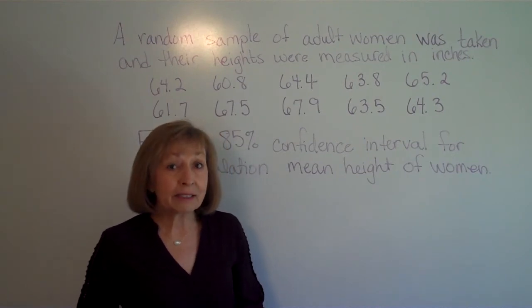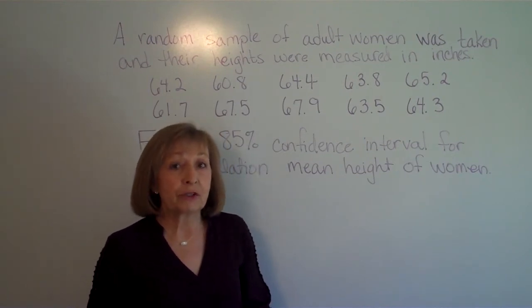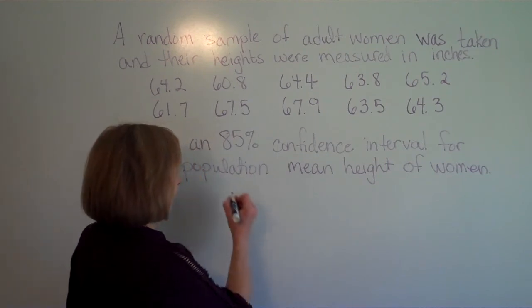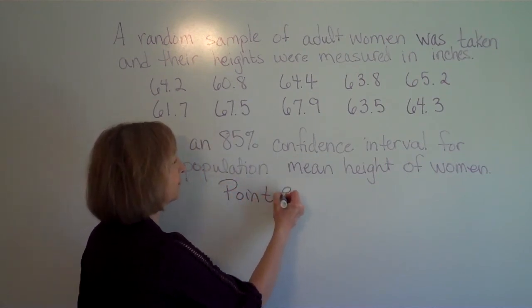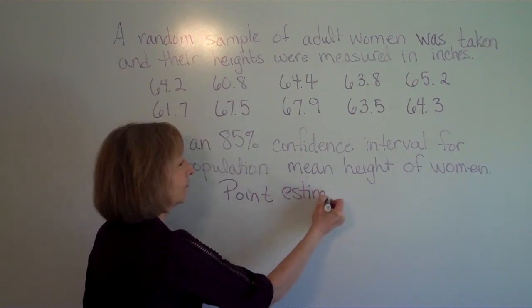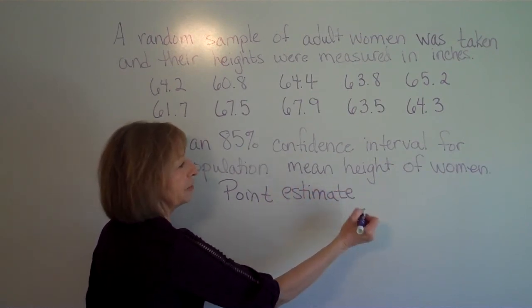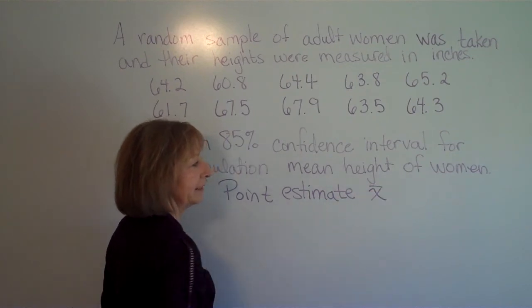Now the point estimate for the population mean is the sample mean. So if we ever have where we're asking for the point estimate for the population mean, it is the sample mean.